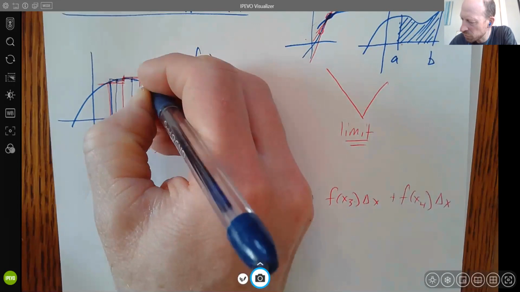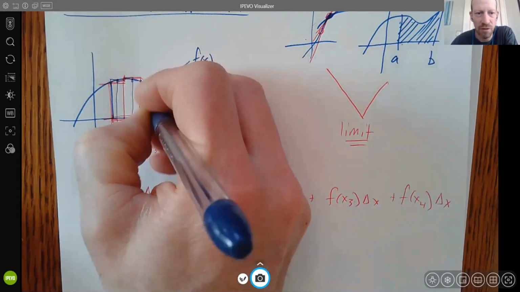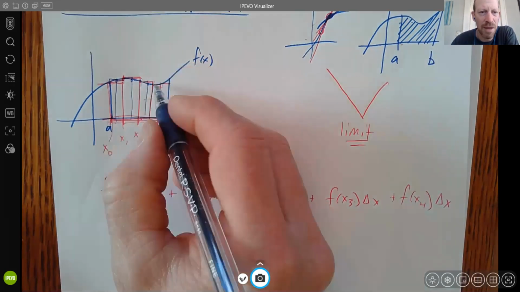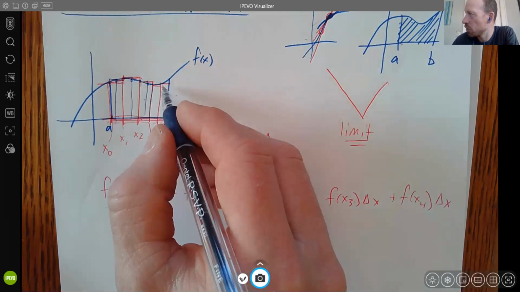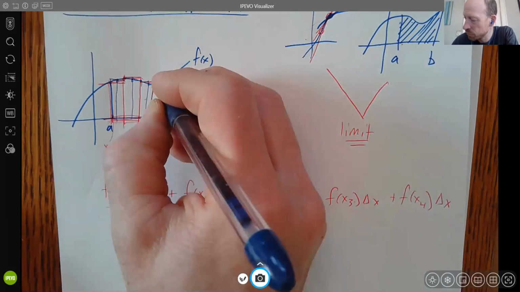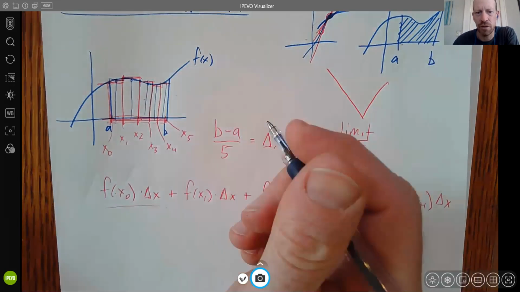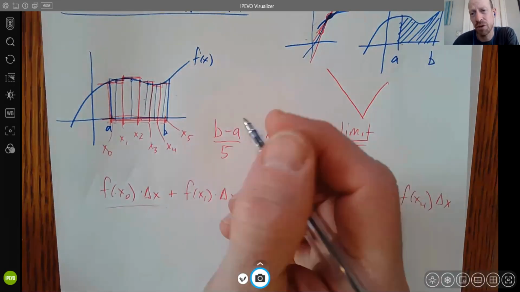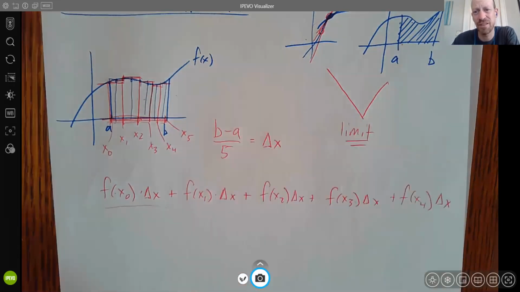My picture here is hard to see, but it would basically cut out half of the error. More rectangles would give me more accuracy. And then we could argue again, well, 10 rectangles is good, but there's certainly still some error there. Could we do better than that?